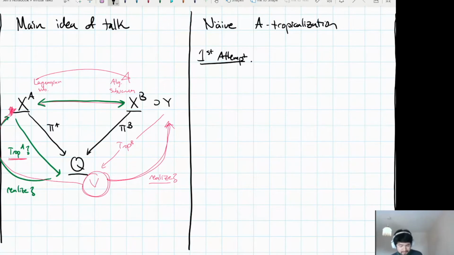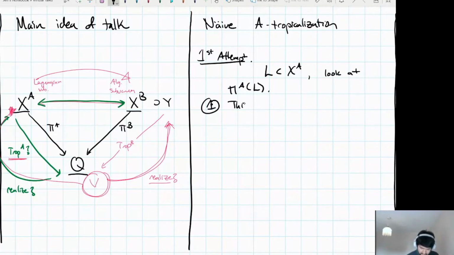Yeah, so the first approach is a naive attempt at a tropicalization as well. Given L inside of XA, we'll just look at pi A of L. So this is just the set in Rn that I obtain under this projection. This is very rarely tropical.